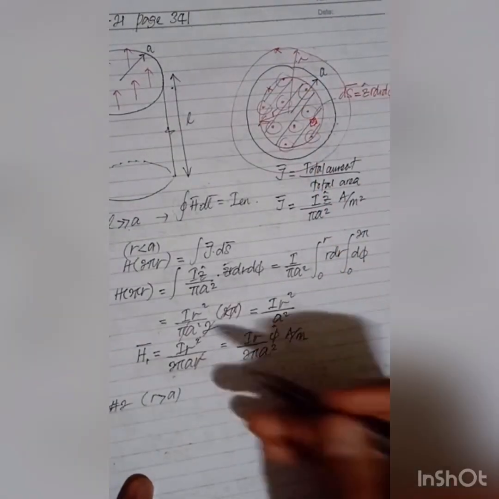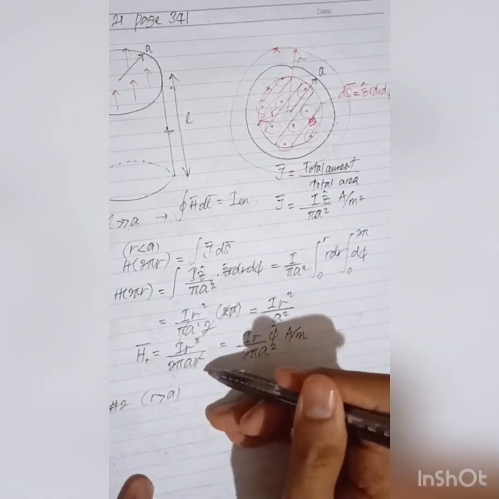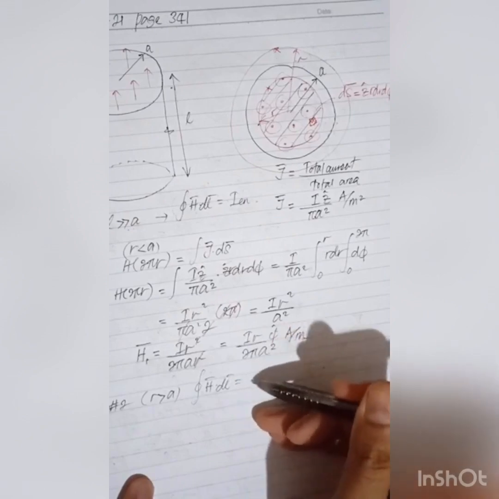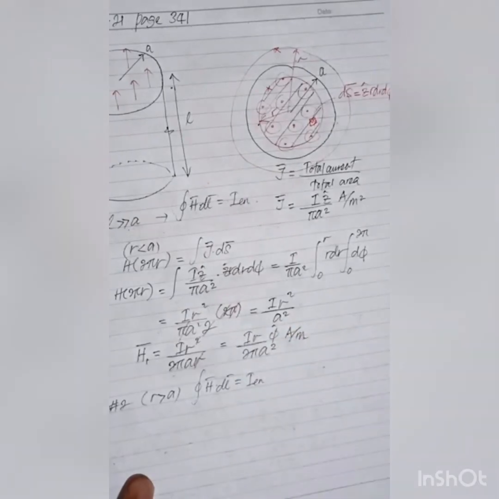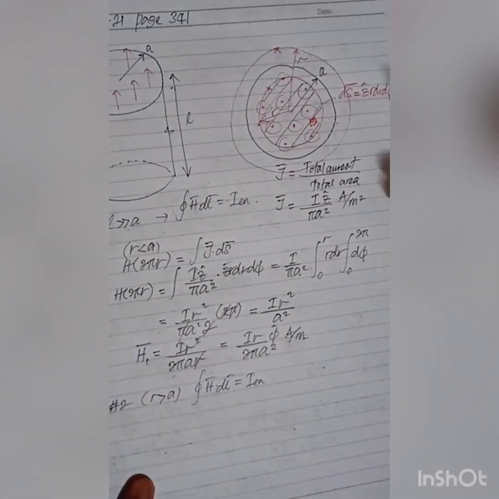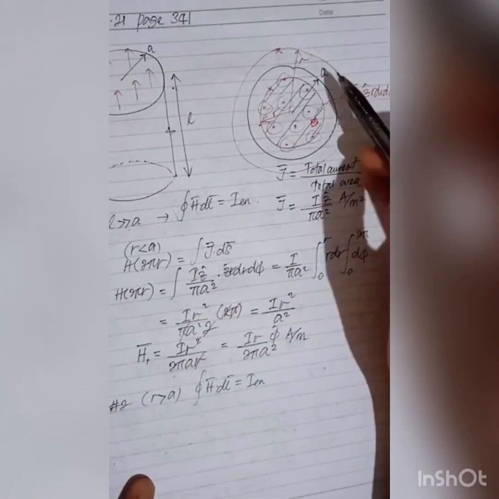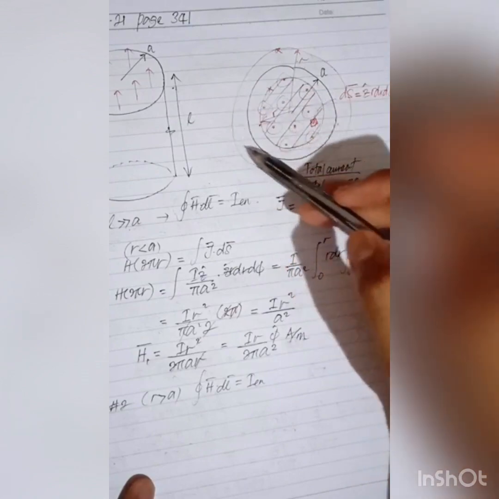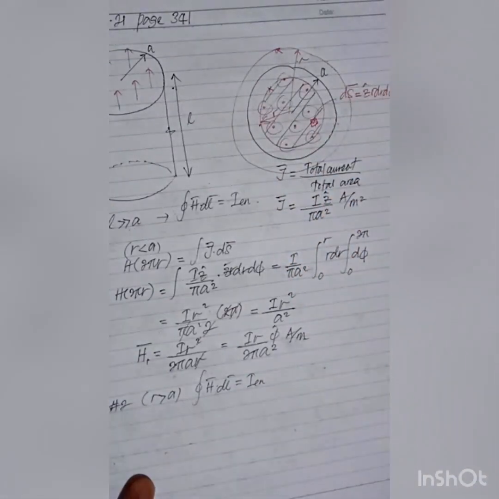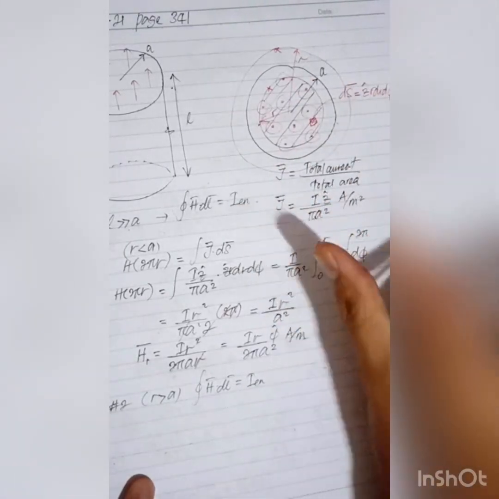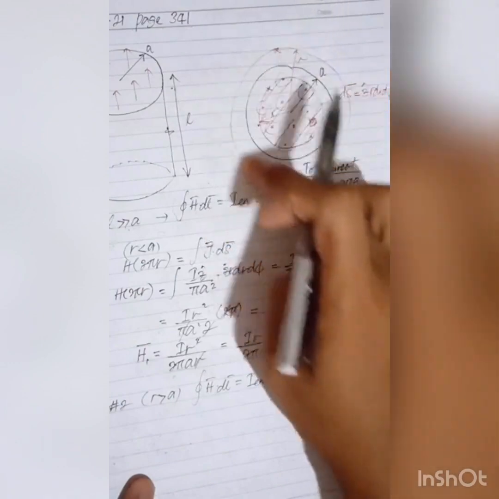So now again applying the same law, integration of h dot dl equal to the I enclosed. Now if you look carefully at this diagram, you can see that within this Amperian loop, it covers the whole total current, the current that is flowing from 0 to a, which is I. It covers everything within this loop.